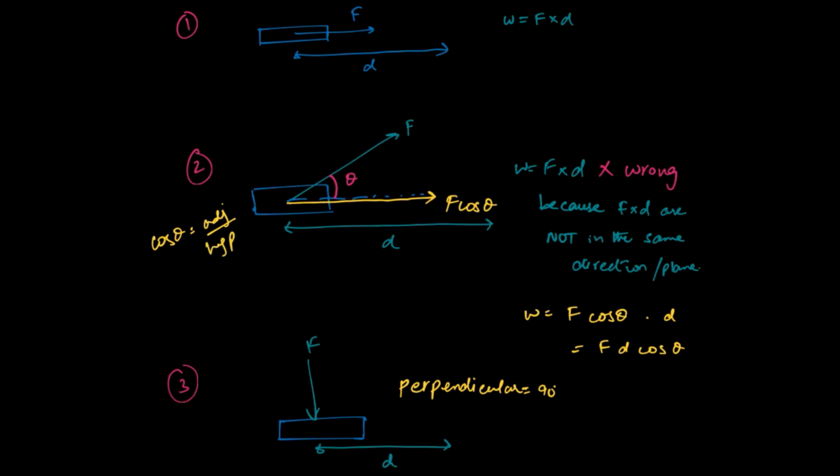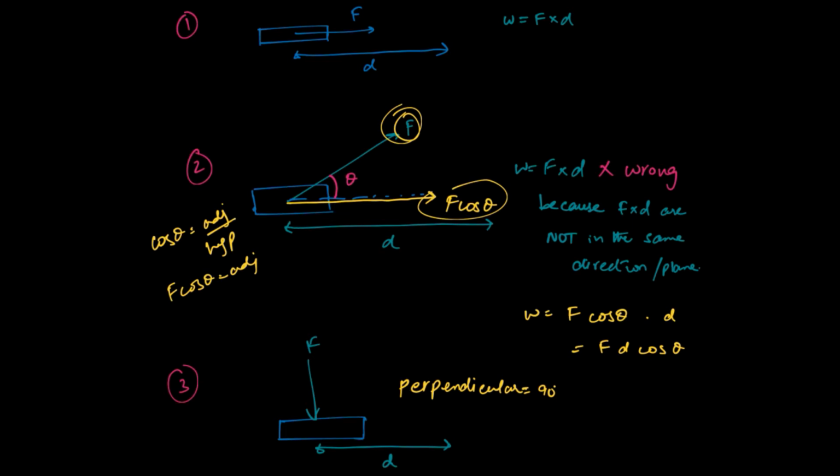We know theta, the angle, and we know the hypotenuse, which in this case is the force. So F cos theta equals the adjacent or base, which is my horizontal component of this force. So in terms of theta, force and distance, the total work done would be F cos theta, that would be force, times d, the distance. So F d cos theta would be the work done in this direction on this object.